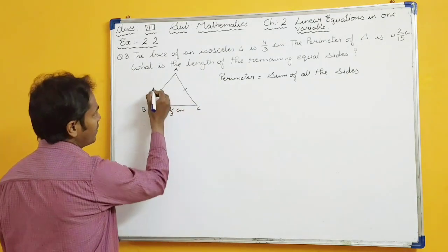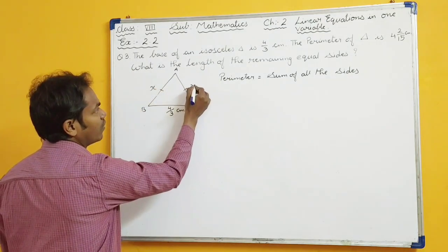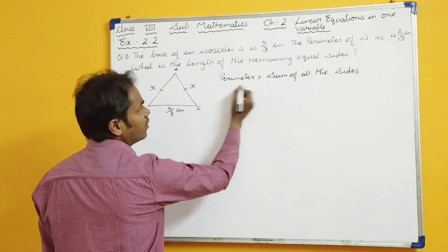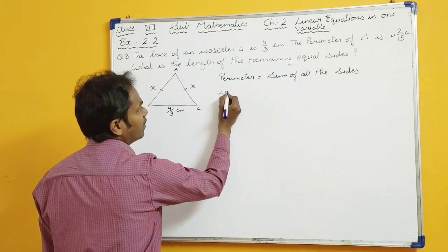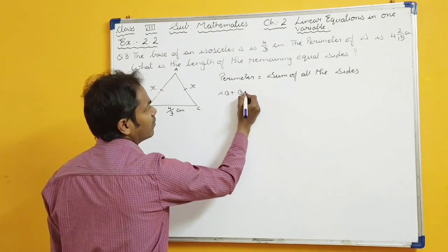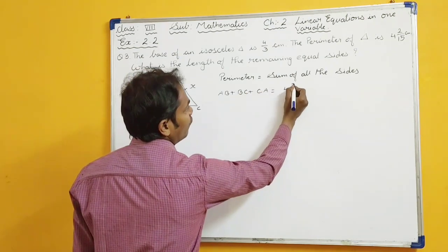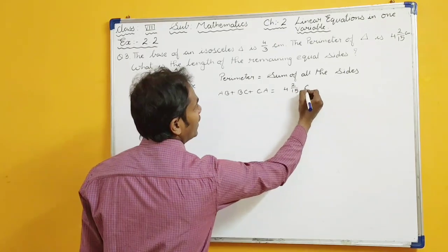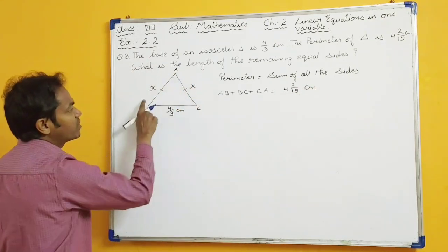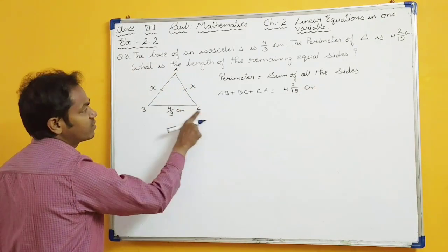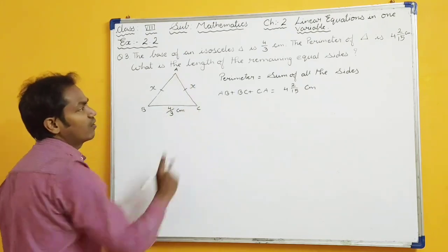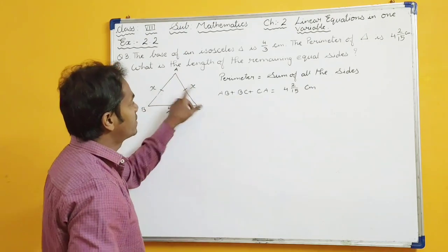This is an isosceles triangle, so I can assume both the sides as x. So what is the perimeter? AB plus BC plus CA is equal to 4 2 by 15 centimeter. AB is your first side, BC is your second side, and CA is your third side. These two sides are equal.